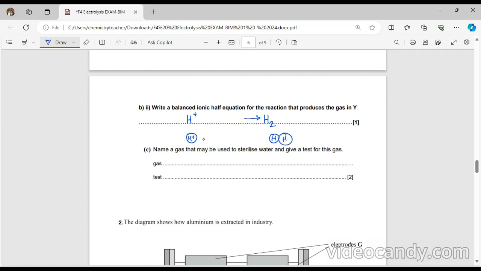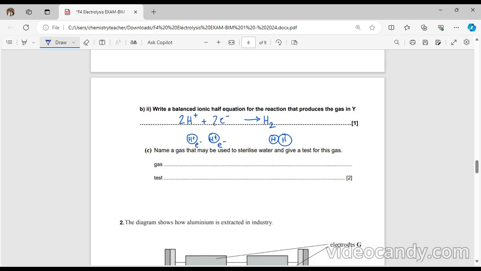So we need two H plus ions. So we put a 2 there. And to make the H plus ions into hydrogen atoms, we need to reduce them with electrons. So this one needs an electron, so does this one. So it'd be plus 2 e minus, 2 electrons.